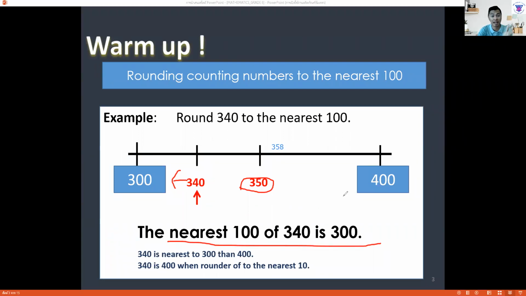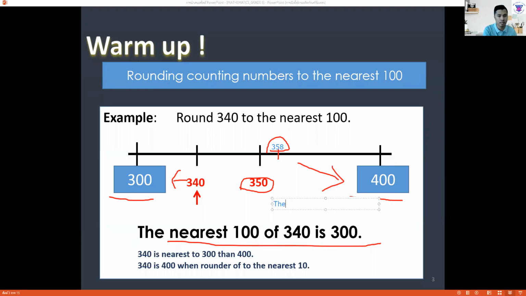Is it 300 or 400? Okay, very good. The nearest 100 of 358 is 400. Okay, very good. That's it.